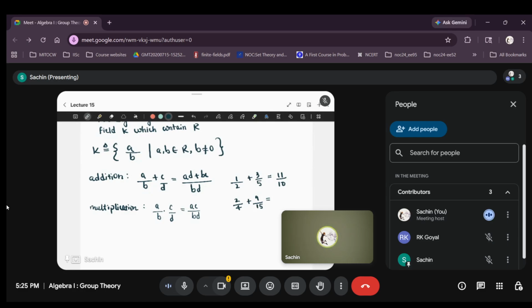What will you get? 30 plus 36, 66 divided by 60. These seem to be two different numbers, but since these are rational numbers, you can cancel out the common factors, cancel out 6 in both the numerator and denominator, and write this as 11 by 10. You can do that in integers and rational numbers. But what is the guarantee that you can do that in an arbitrary ring?